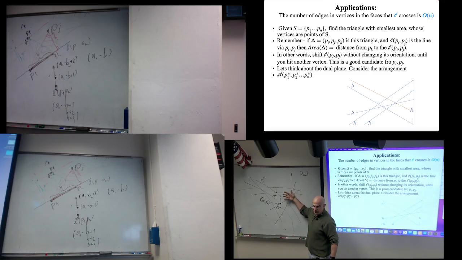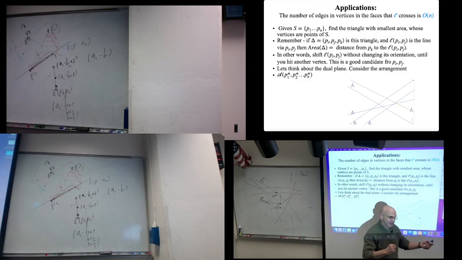And because of the zone, you can do it all in time which is proportional to how many pairs of edges do you have that see each other? Or how many vertex-face pairs do you have?